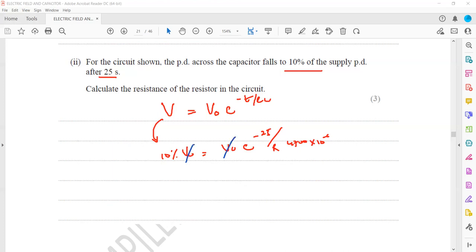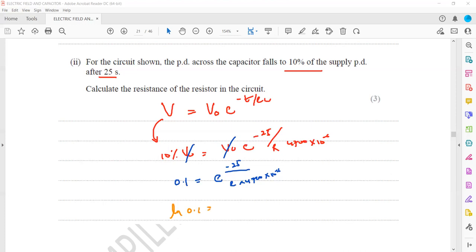When we simplify, V naught will cancel with V naught. It will be 10 divided by 100, that is 0.1, equals e raised to power minus 25 over R into 4700 into 10 to the power minus 6. We'll take ln both sides.